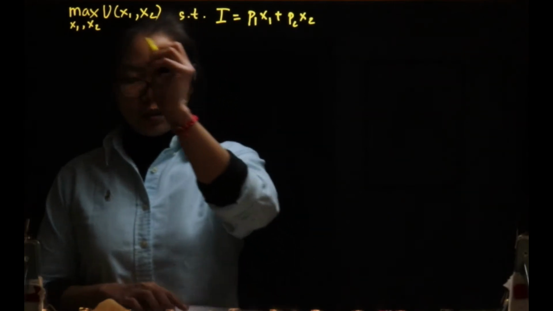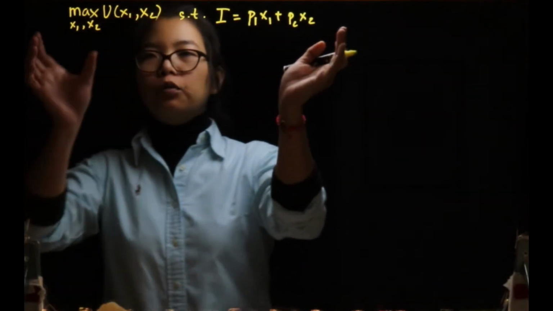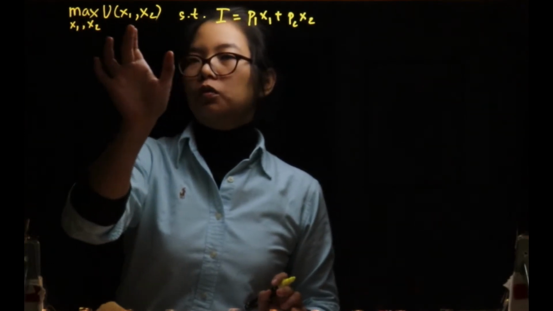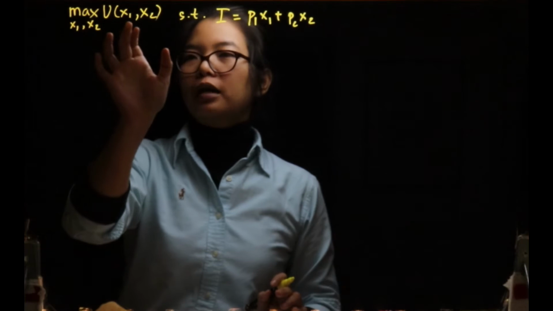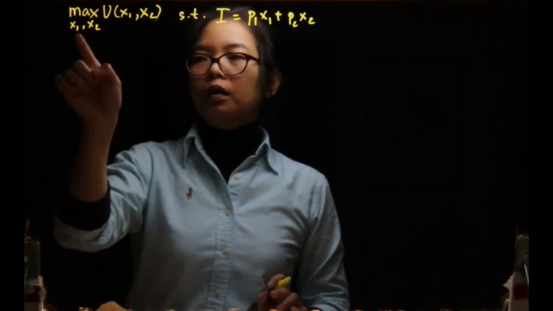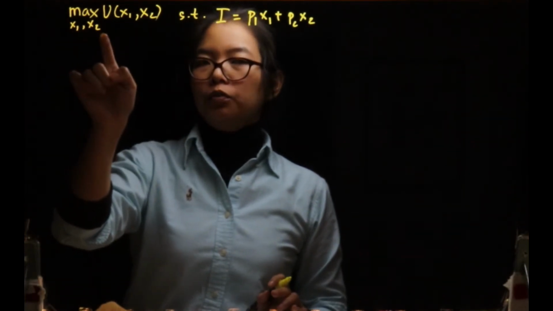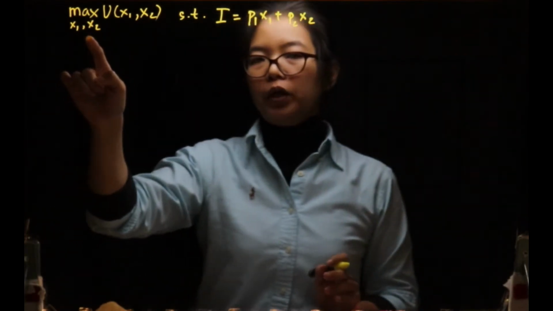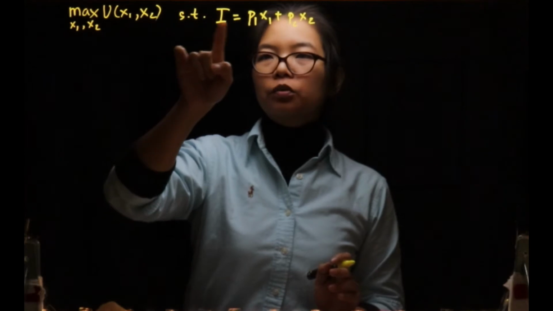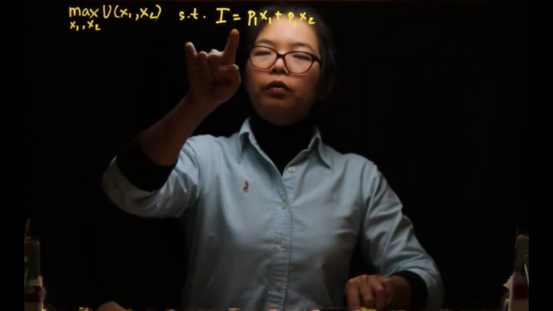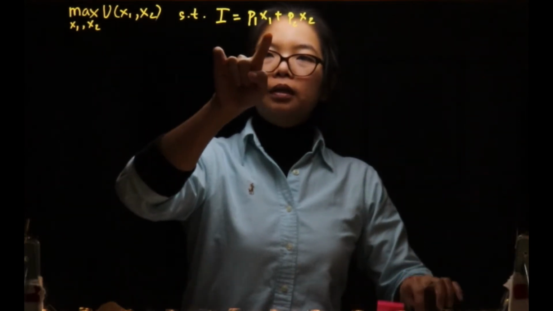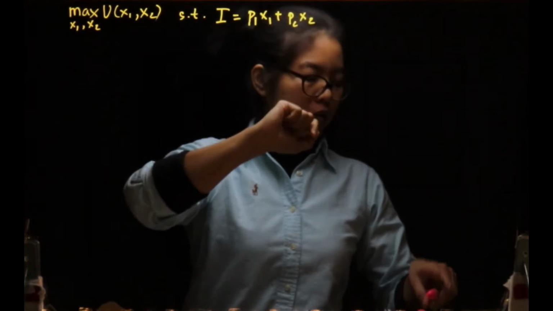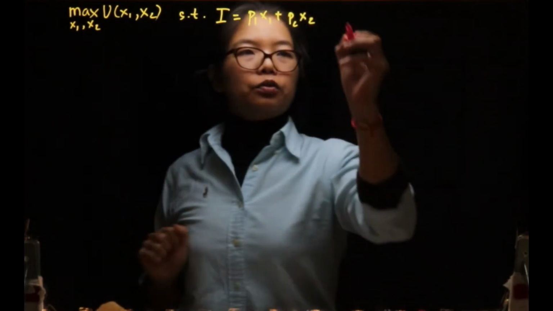So let's do it. Again, here we want to maximize a utility function that depends on two goods, x1 and x2. With respect to x1 and x2, we want to solve for these two variables at that optimizing point, subject to a constraint which is income equals p1 times x1 plus p2 times x2.